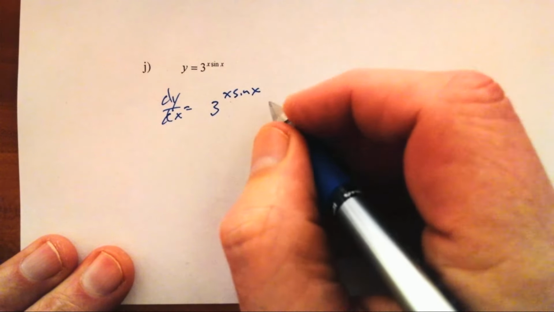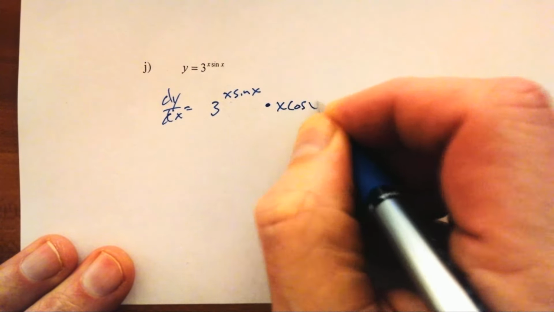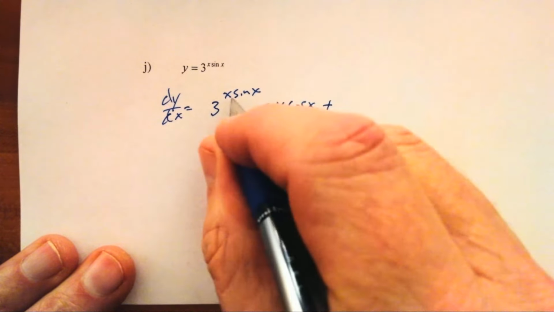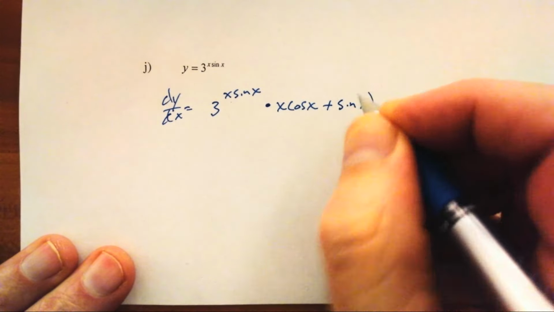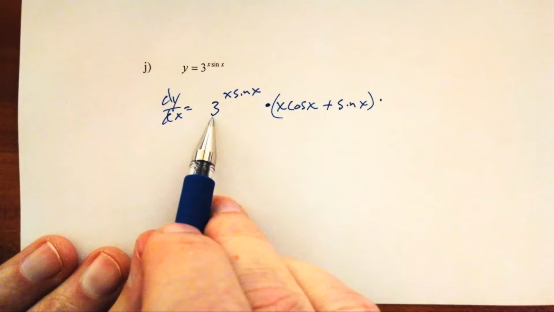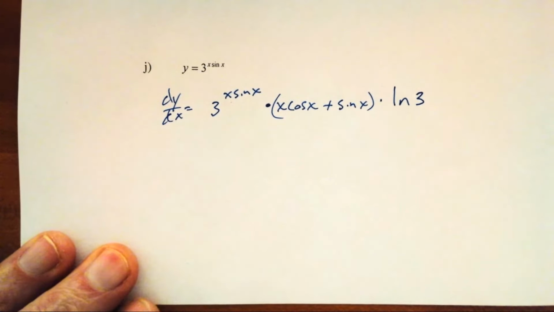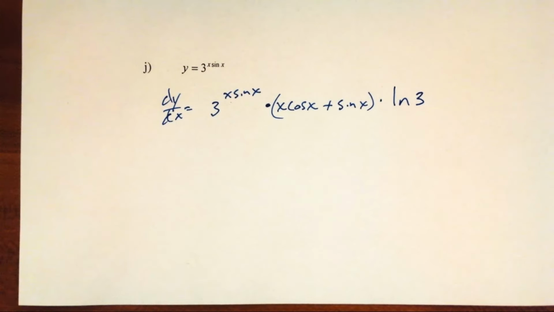So that's a product rule. So that would be x times cosine x, plus derivative of x, 1, times sine x. But it wasn't e, so I punished 3 for not being e, adjust for it with ln 3. And that is it.